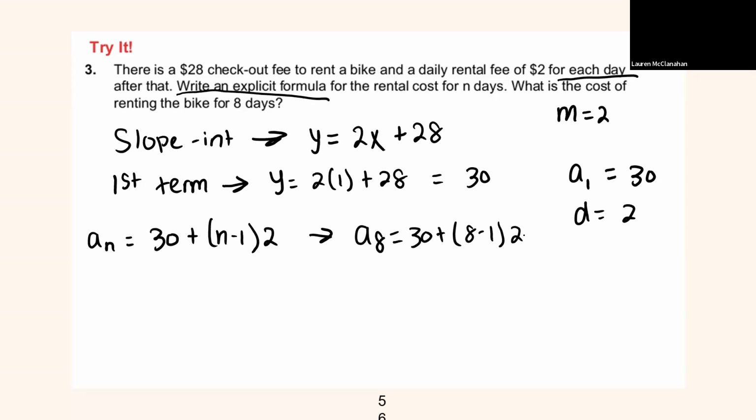Go ahead and do that math to see how much it's going to be to rent the bike for 8 days. You should be getting a of 8, or the 8th term equals 44. So it's going to cost $44 to rent the bike for 8 days.